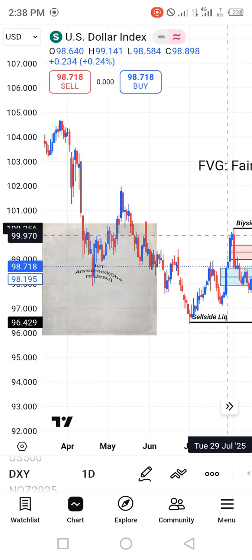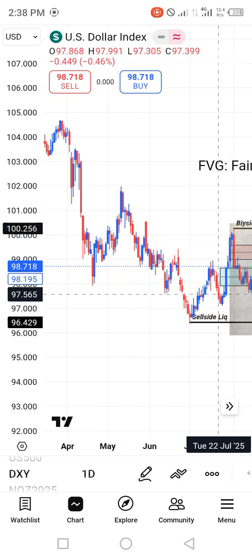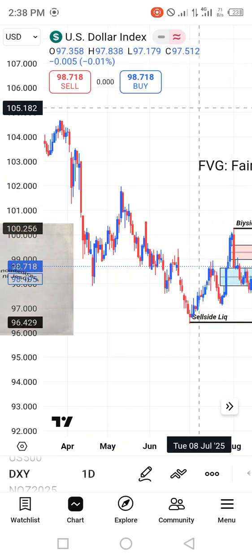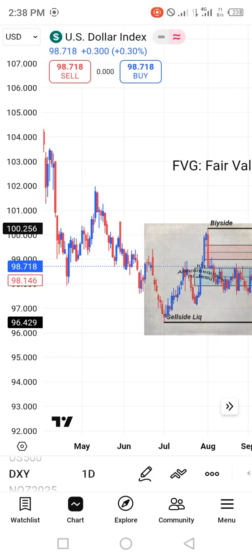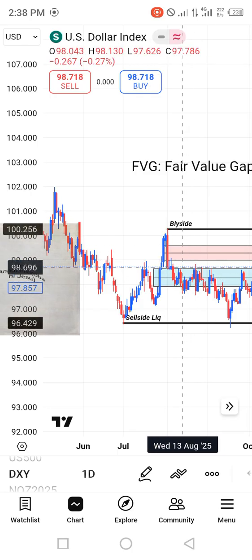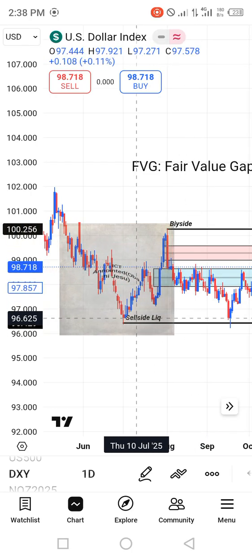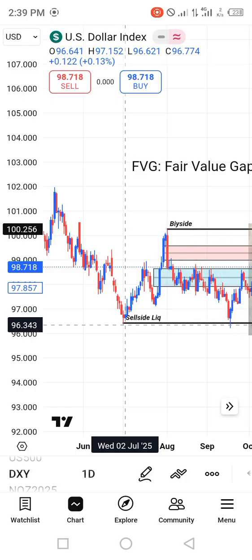Now we have a change of delivery. Someone asks, okay, is this my liquidity, because they have not seen a change of delivery to the upside. The question is, is the market ready to move to the upside yet? These two values will guide you on which side of the liquidity, between here and here, the market is seeking at the moment.